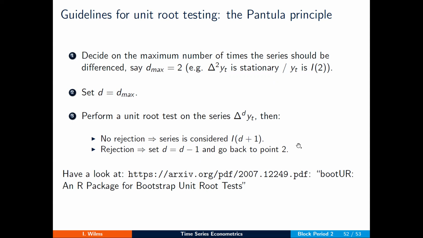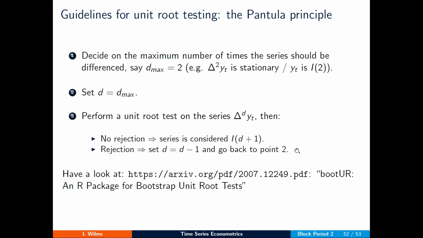And then you can continue with the first difference, so D equal to 1 in that case. And you can again test for a unit root in that one. If you do not reject the null that the series in differences has a unit root, then your series is considered to be integrated of order 1, denoted by I(1), which means that you need to difference it one time in order to get a stationary series.